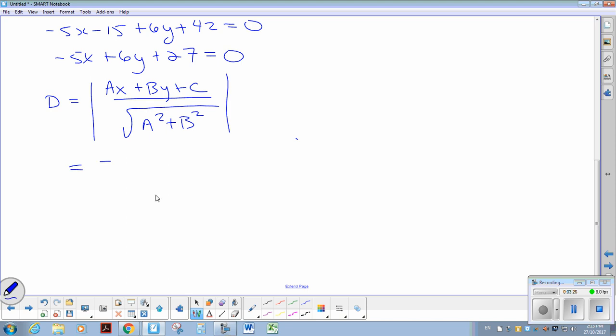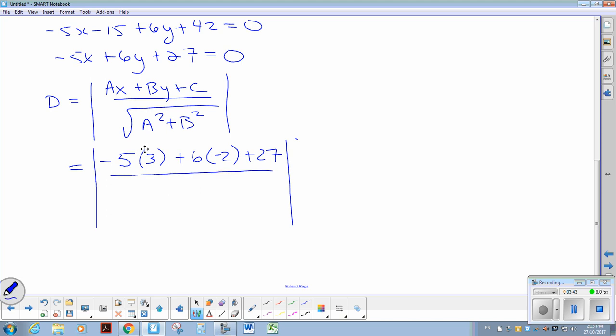So we have -5 times 3, from above we're using the point (3, -2) that was given, plus 6 times -2, plus 27, divided by the square root of -5 squared plus 6 squared. So on top we have -15 minus 12 plus 27.